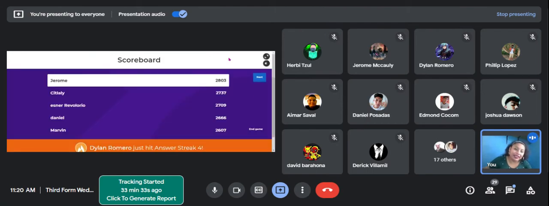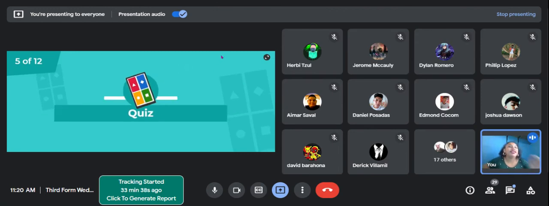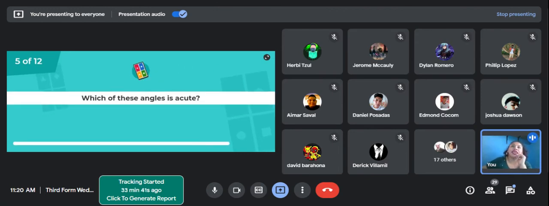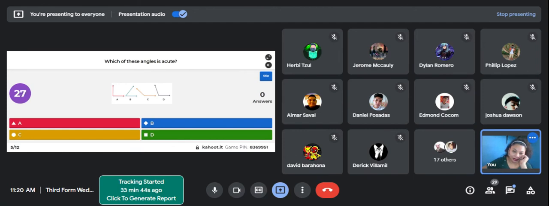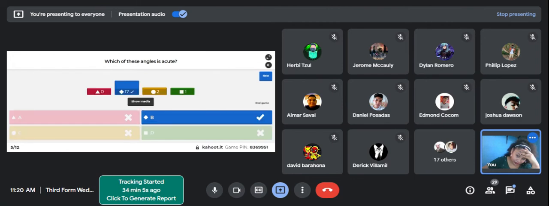Good for those of you that got it correct. Number 5. Which of these angles is acute? Less than 90 degrees, right? Okay, most of you got that correct.